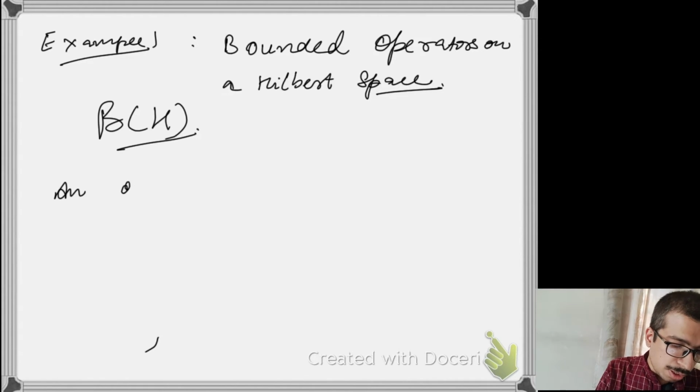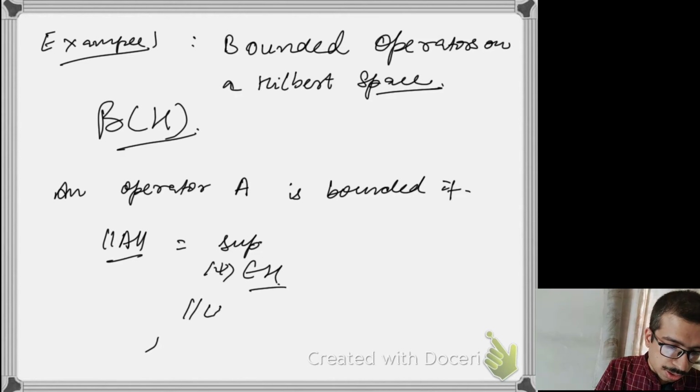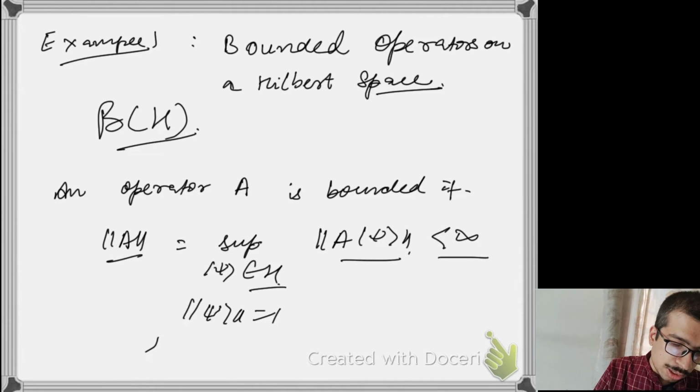An operator A is bounded if the norm of this operator, the supremum over all states psi in H such that the norm of psi is 1, of the norm of A psi, is less than infinity. In this case we say that this operator is a bounded operator.